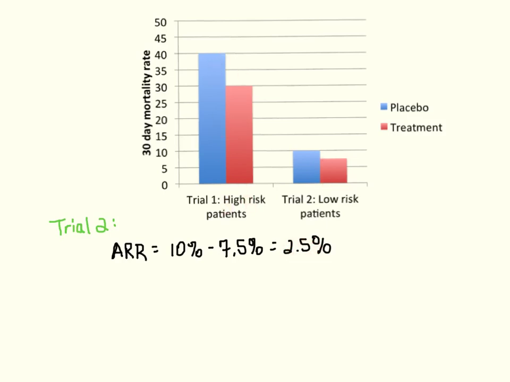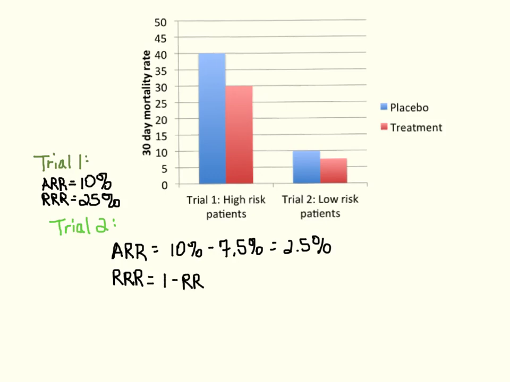So remember that in trial 1, the absolute risk reduction was 10%. Now let's calculate the relative risk reduction for trial number 2. We remember that that equals 1 minus the relative risk. For the relative risk, we want to look again at the incidence in the exposed group, which in our case is treatment. So that is 0.075, over the incidence in unexposed, which is the control group, so that's 0.10.